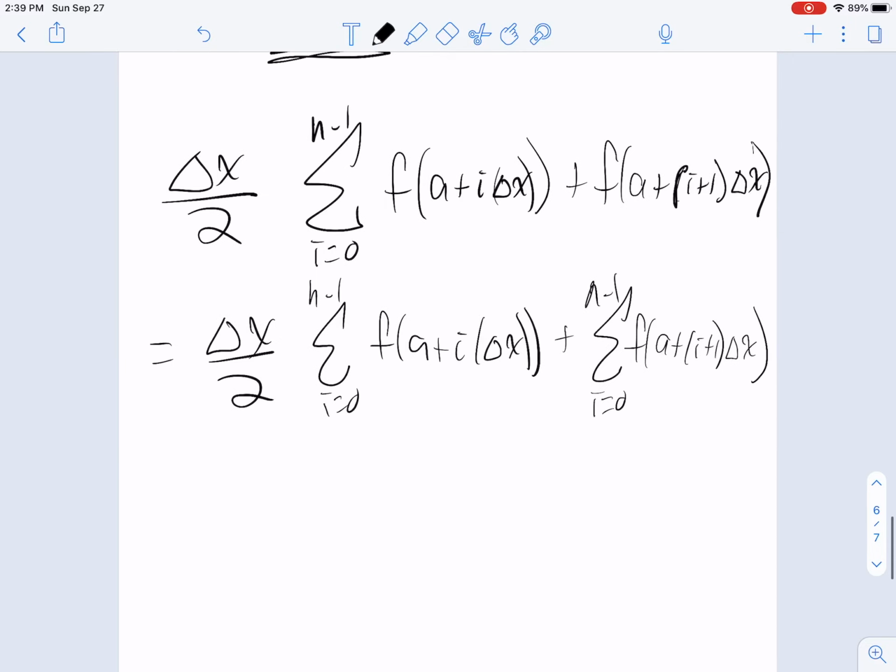All right, I can rewrite them like this, right? I can rearrange sums however I want. That big sigma is just a sum. That plus sign in the middle is just a sum. So I can rewrite them this way.